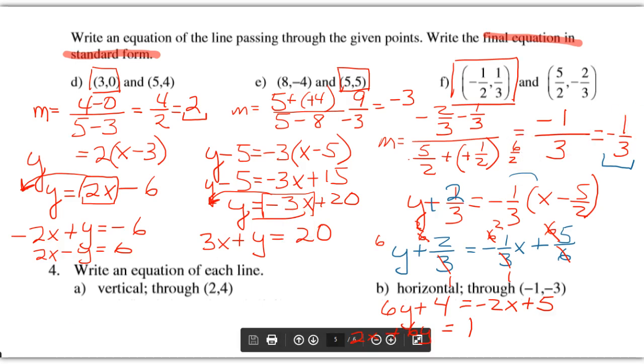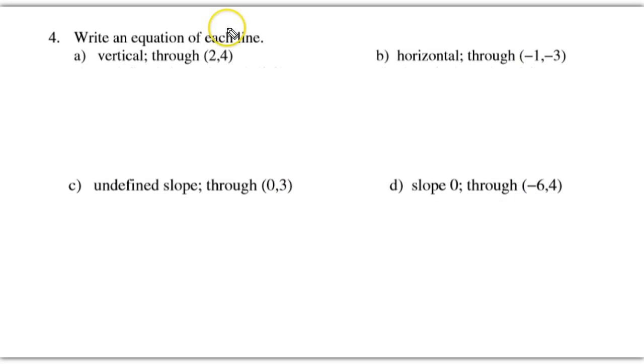Okay. Now, for these, write an equation of each line. It's vertical. So your equation is going to be x equals a. And what is in the a position here? Remember, this is a comma b, another way to write the ordered pair.